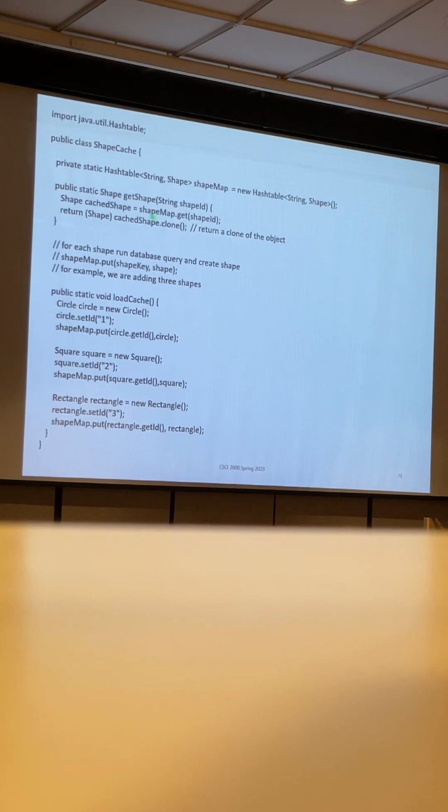Well, remember, with a hash table, we should not allow anyone to change the objects that are stored there, because again, that would be a rep exposure in most cases. So we want to return a copy of the object that we just extracted from the hash table. So that's why we call clone on it.